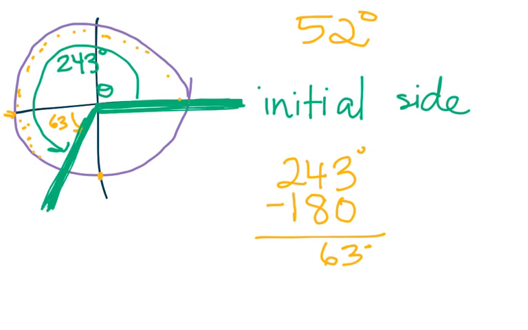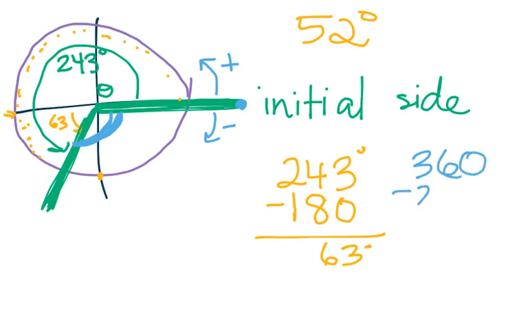And then lastly, if I wanted to know what would this angle be here if I wanted to know the negative direction. Because remember, this is positive direction. So this is 360. How much would I have to subtract to get to here? So you do 360.